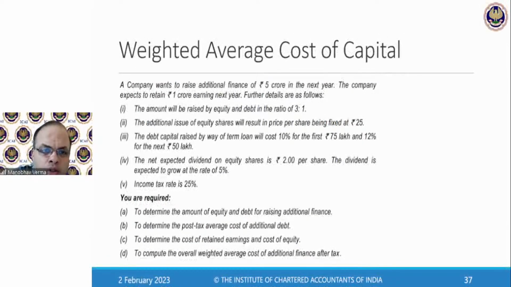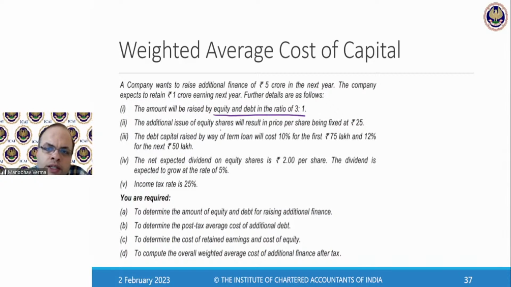A company wants to raise additional finance of rupees 5 crores in the next year. The company expects to retain 1 crore earning next year. Further details are given to us. The amount will be raised by equity and debt in the ratio of 3:1.